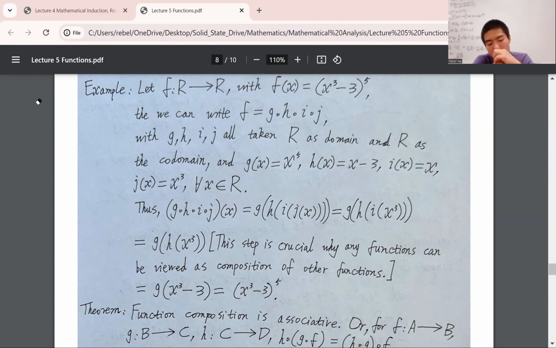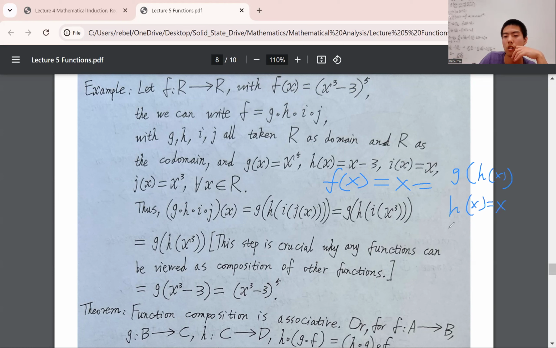And I would also like to explain why the identity function always works. Consider a function which is very simple, like f of x equals x. It seems like it cannot be decomposed because it's already very easy. But here we can always consider g of h of x, where h of x equals x and g of x equals x.